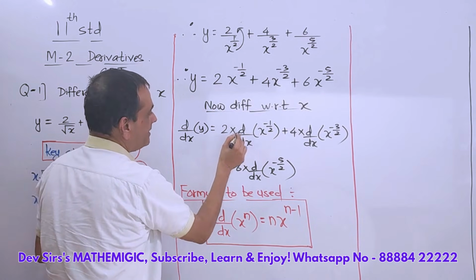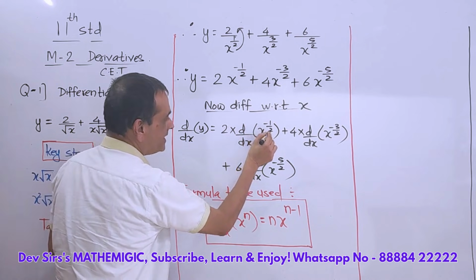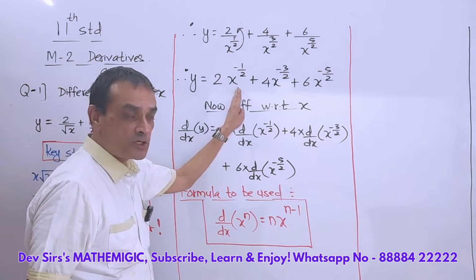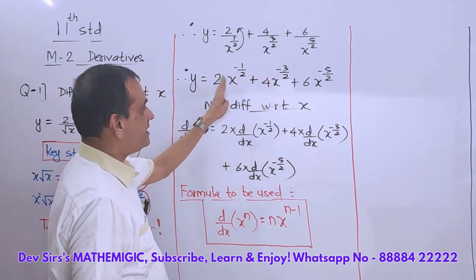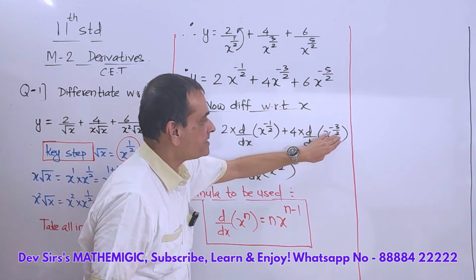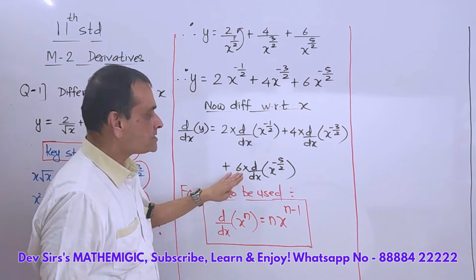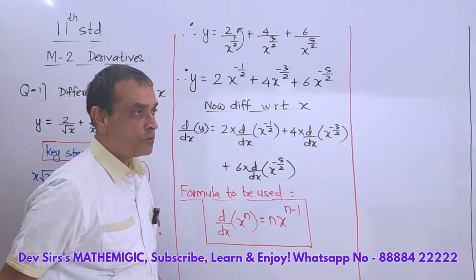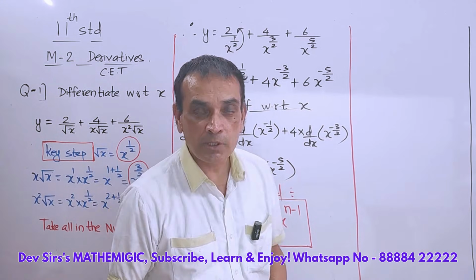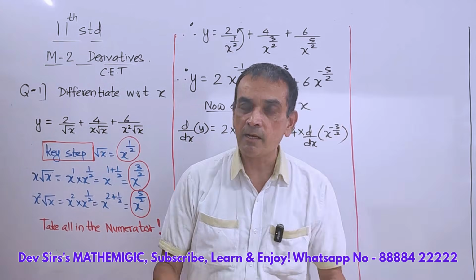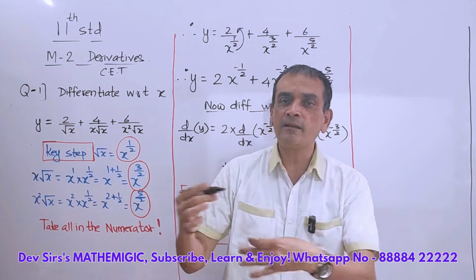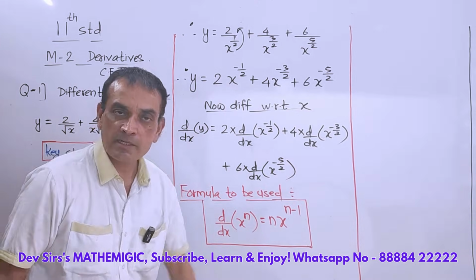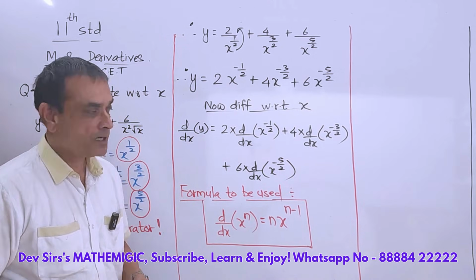Keep the constant aside. d by dx of x raised to minus half. Constant aside. Constant outside. d by dx of x raised to minus 3 by 2. Constant 6 outside. d by dx of x raised to minus 5 by 2. So that is the basic rule, that whatever constant is there, take it outside and then write d by dx of what remains inside. That is one of the important rules of derivative.